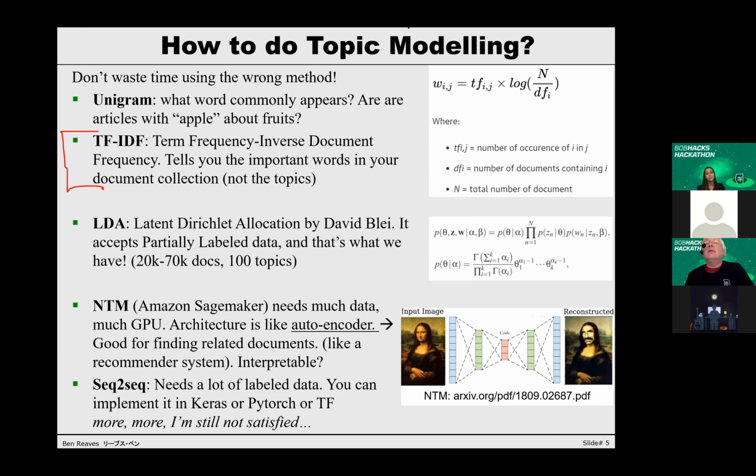And it does it basically by applying this right here. And it's not simply dividing, you're actually dividing by the number of documents over the number of documents containing the term I. So that's what TF-IDF is.